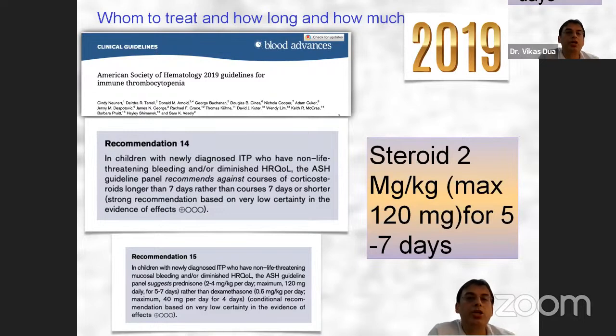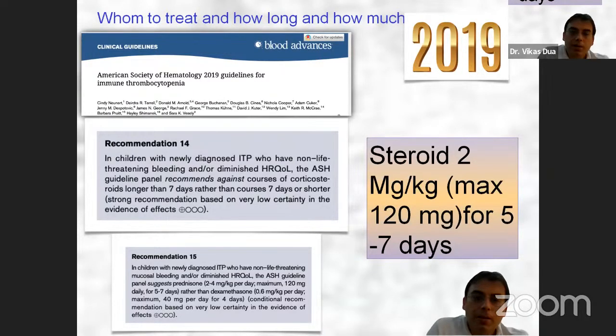If you look at recommendation number 14, in children with newly diagnosed ITP who have no life-threatening bleeding and or diminished quality of life, the ASH guideline panel recommends against a course of steroids longer than 7 days, rather than a course of 7 days or shorter, which simply means ASH suggests that if a patient of ITP is being treated with steroids, then 2 to 4 milligram per kg for a maximum of 5 to 7 days is sufficient.